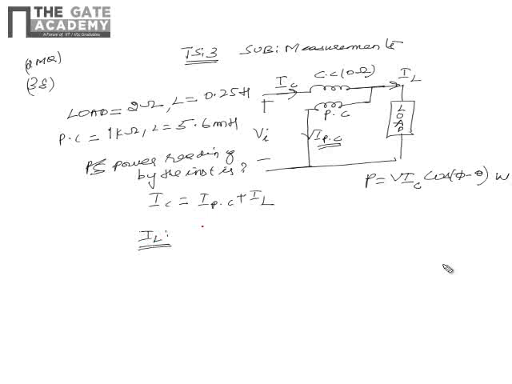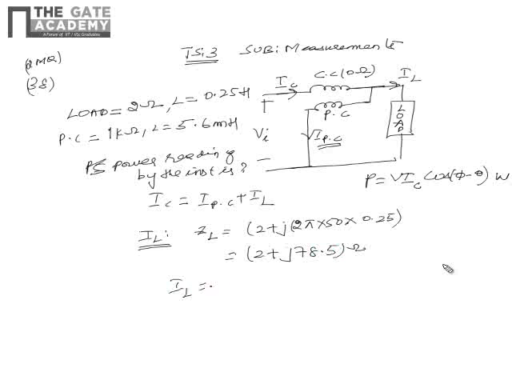First we can calculate ZL as 2 ohms plus J times omega L, 2 pi into 50 hertz into the inductance 0.25, so that we get it as 2 plus J of 78.5 ohms.